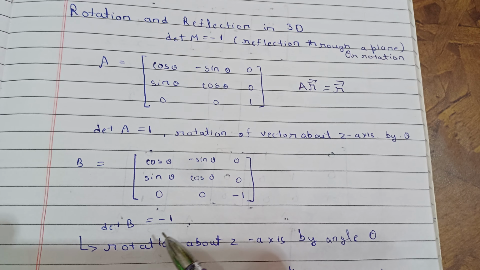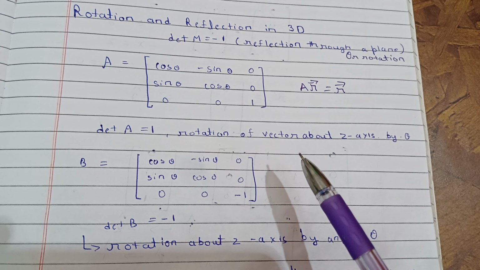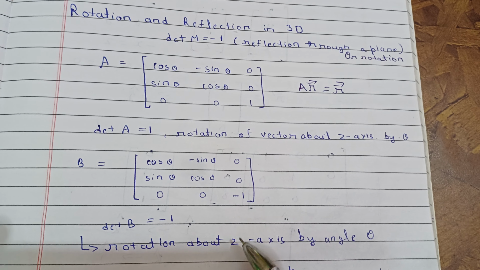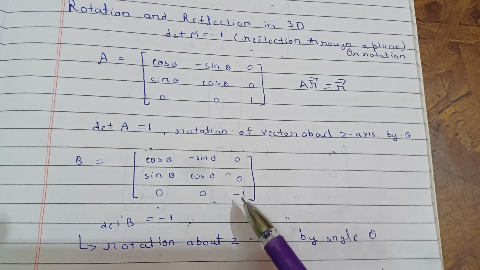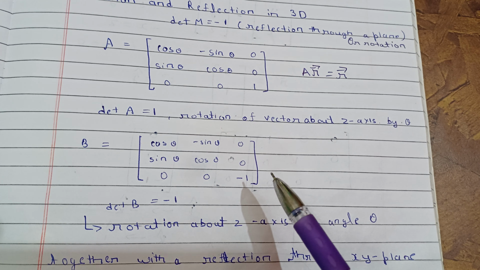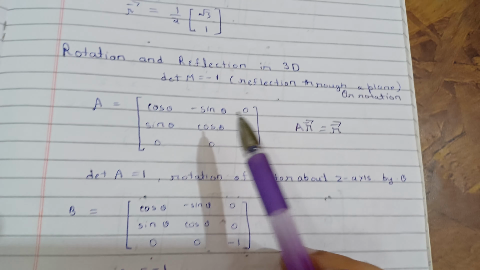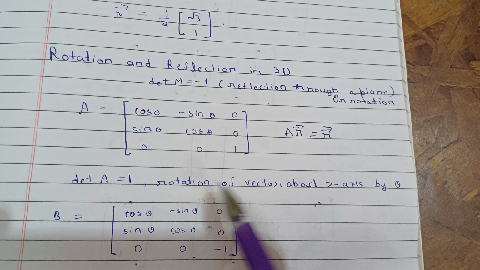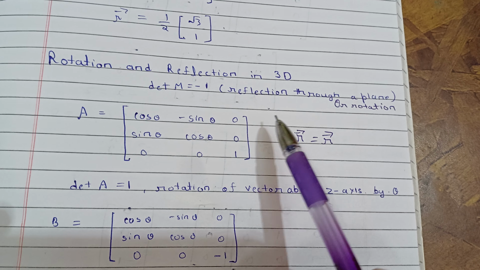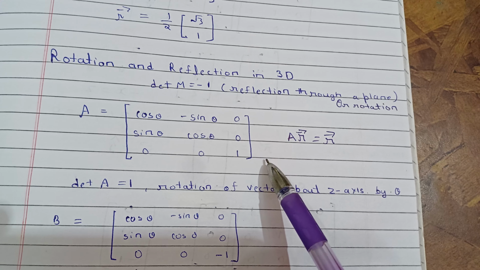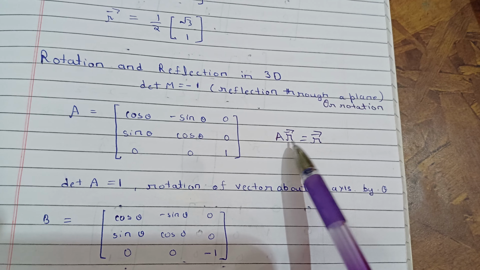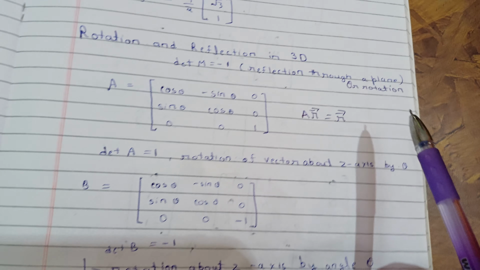Now if the determinant comes out to be -1, then reflection and rotation both can be involved. So the rotation is about the z axis, we can see this by angle theta, but the reflection is also involved. So how can you verify this? Just multiply with the z axis here, 0 0 1, you will again get 0 0 1. So that's why we can verify that r = (0, 0, 1) is the rotational axis.